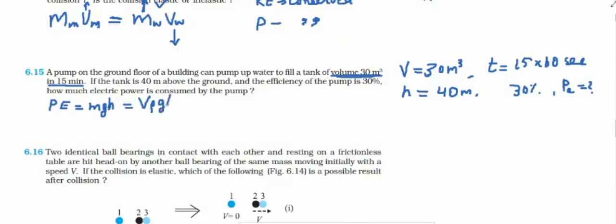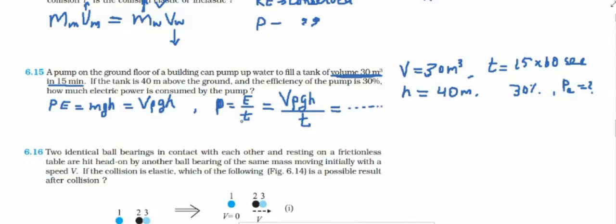Then gh gives the potential energy. Now power is equal to energy by time. Here energy means potential energy. So power is V rho g h by time t. So you can calculate the power required to lift the water by substituting the values. You can find the answer.